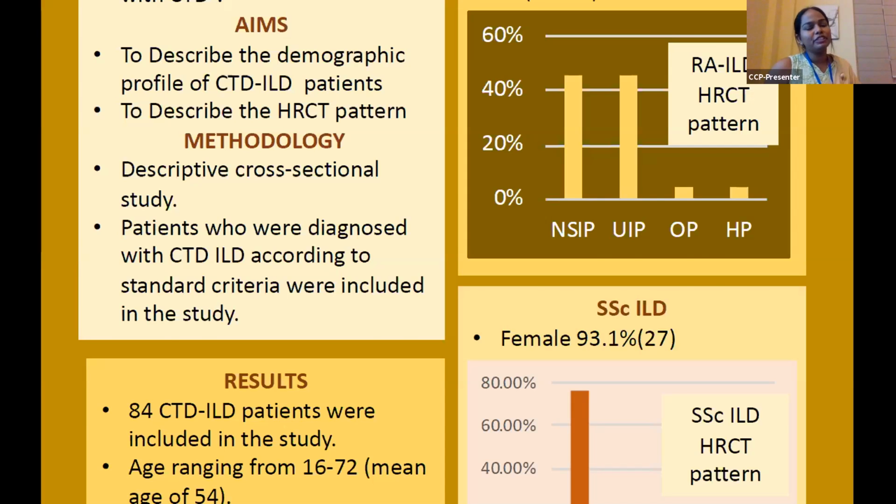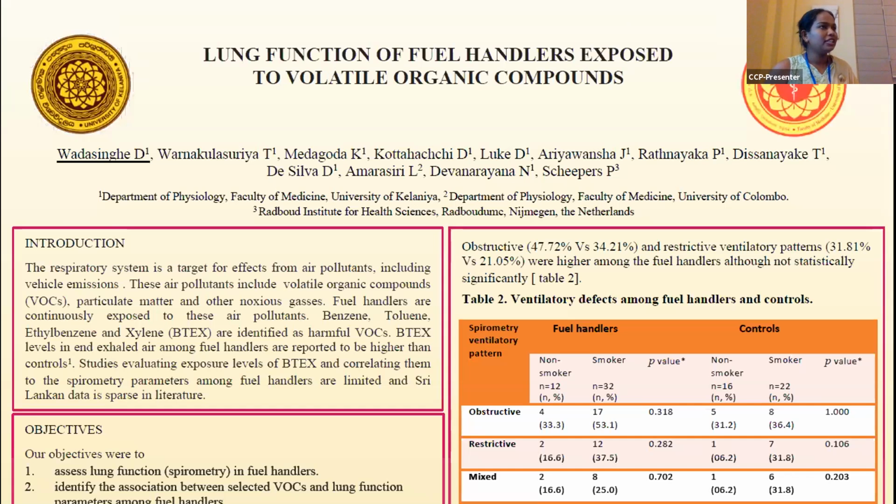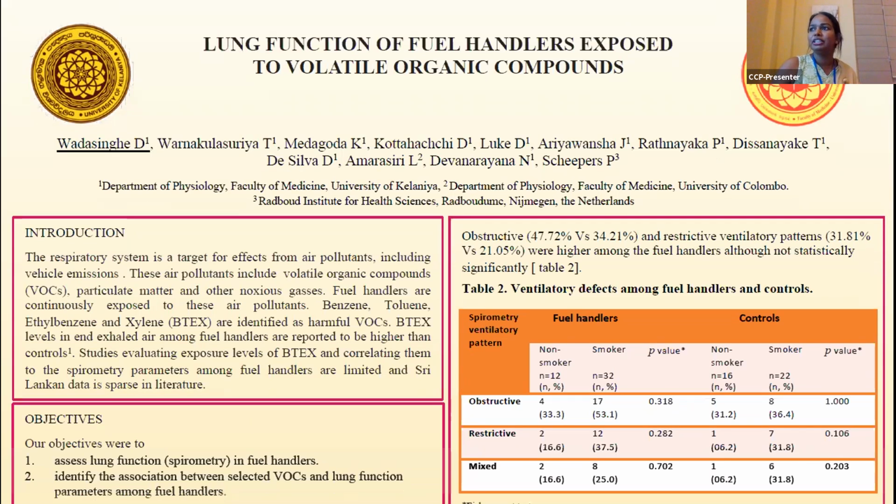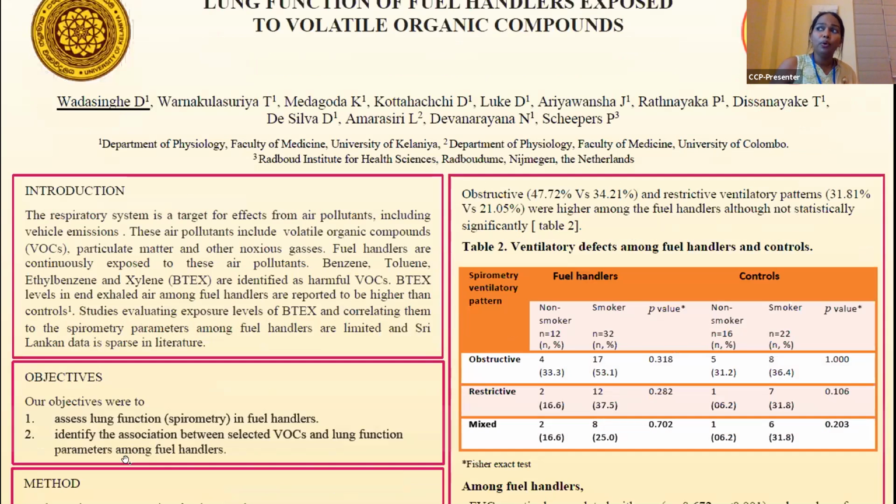This is a part of a study which we carried out to look at the effects of volatile organic compounds on various organ systems in the body. In this study, we looked at the lung function values and also tried to correlate the association between the selected volatile organic compounds and the lung function parameters among the fuel handlers.